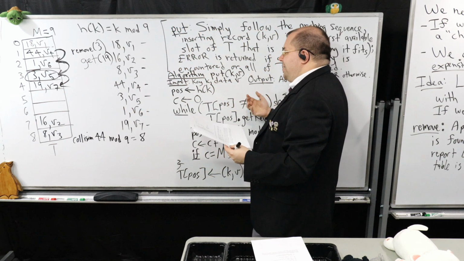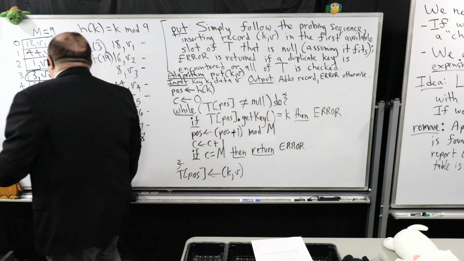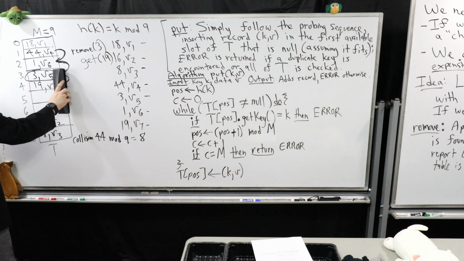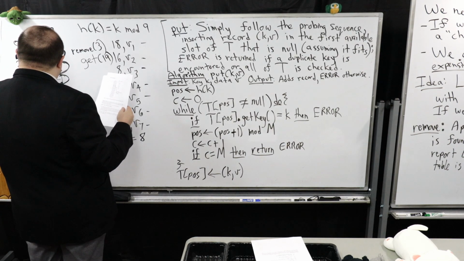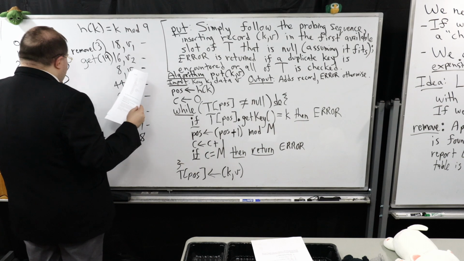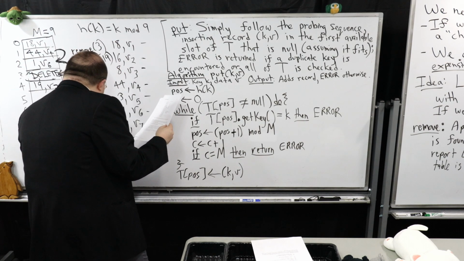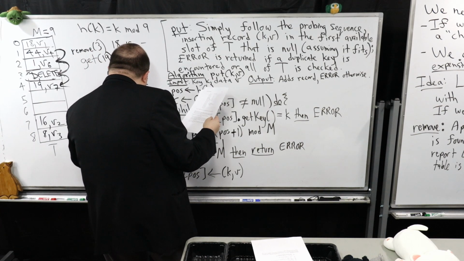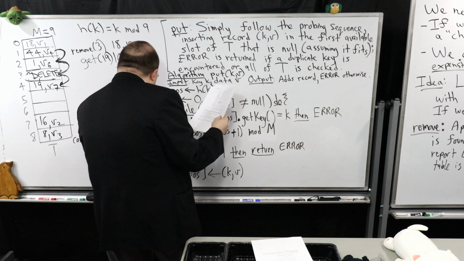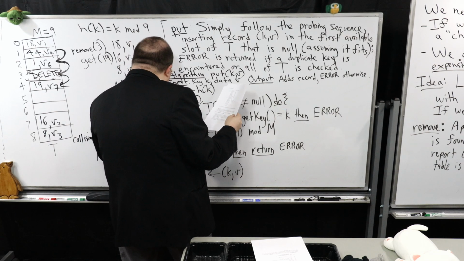So if I do remove 3, instead of just making this null, I'm going to mark this as delete. And I must stress that your keys are not equal to the delete tag, and they're not null either.